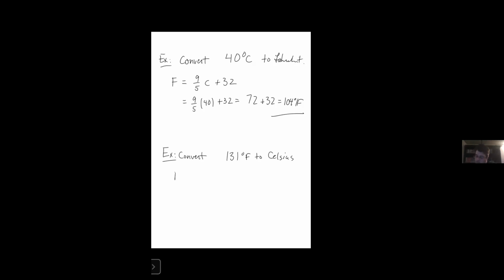Well, how can we do that? We have F equals 9/5 C plus 32. Let F equal 131, so 131 equals 9/5 C plus 32. Subtract 32 from both sides. You get 99 is 9/5 C. Multiply both sides by 5/9.